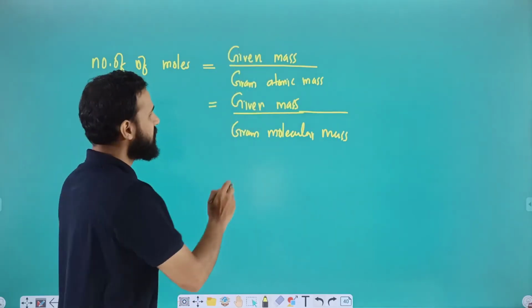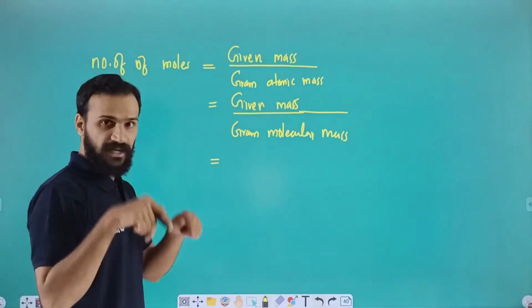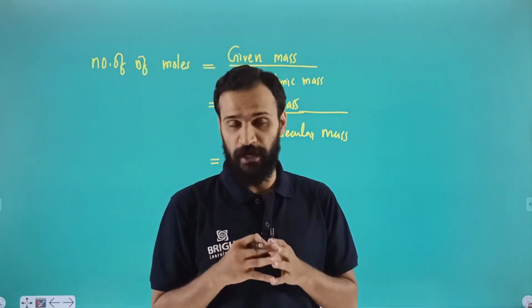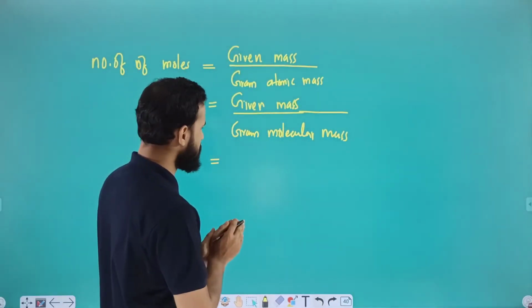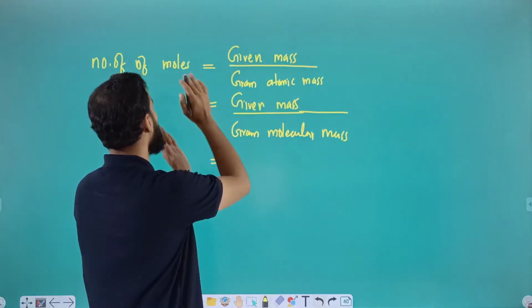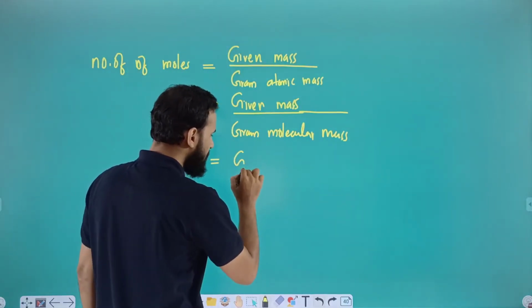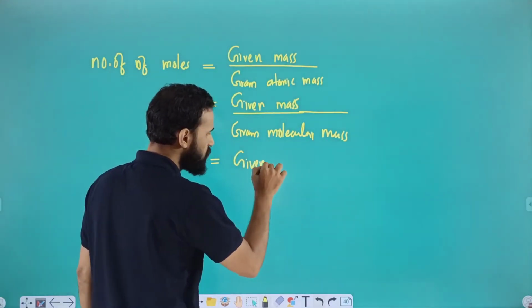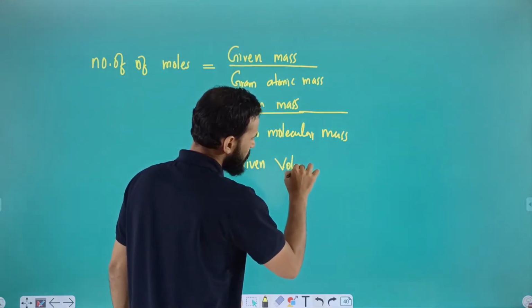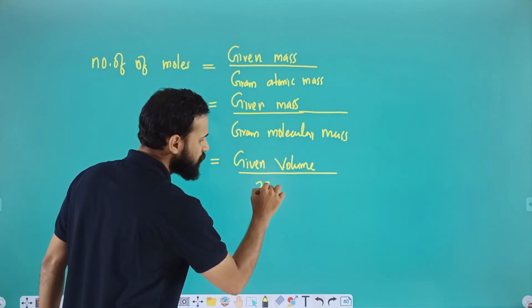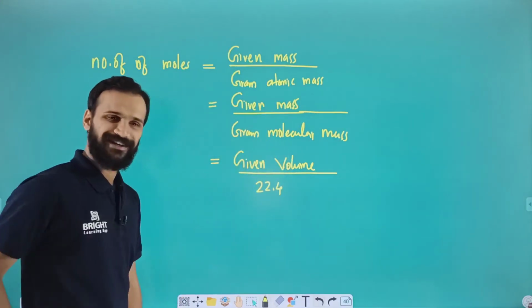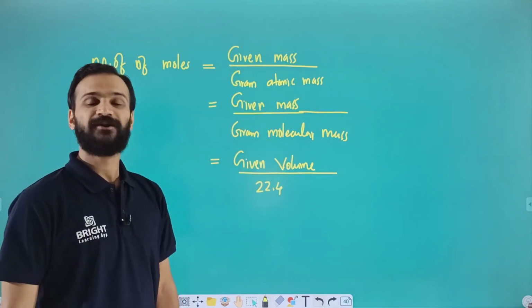And these two equations we can use when the amount of substance is given in gram. Sometimes they will give the amount in volume. In such cases, what can we do? Very simple. In such cases, the equation for calculating number of moles is equal to given volume divided by 22.4.